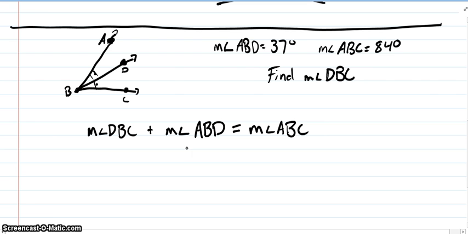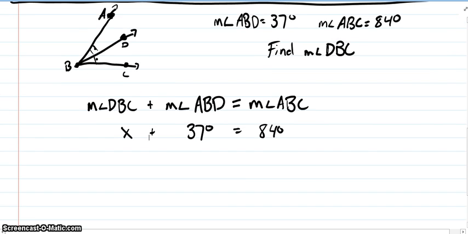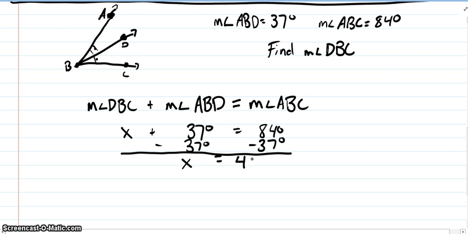So the measure of angle ABD is 37 degrees. The measure of angle ABC is 84 degrees. And we don't know DBC, that's what we're trying to find, so we're going to call it X. Now we can solve this by subtracting both sides. And we're going to get x is equal to 47 degrees.